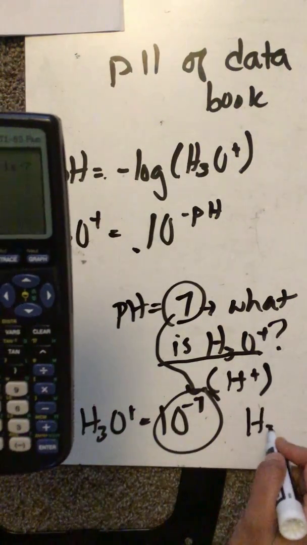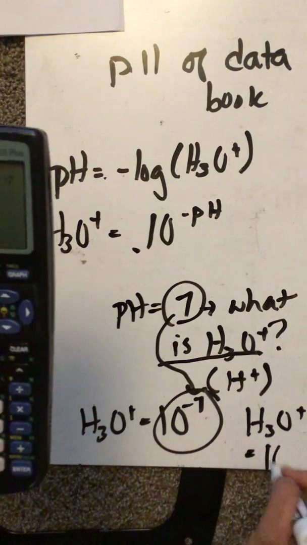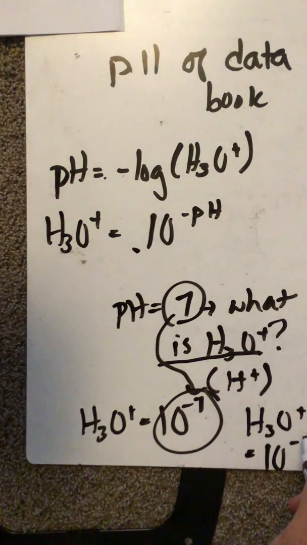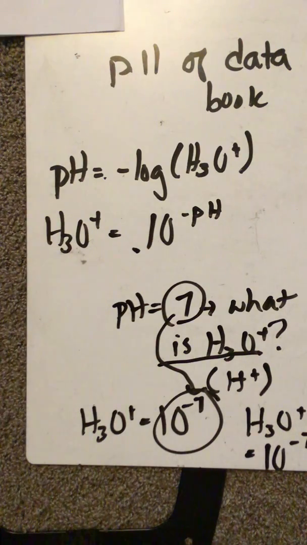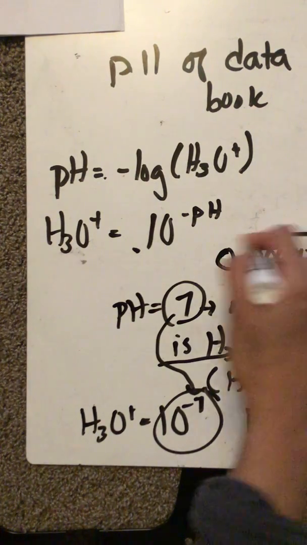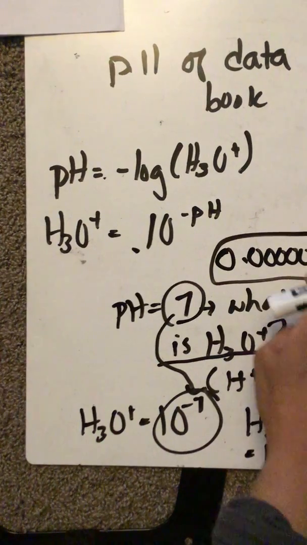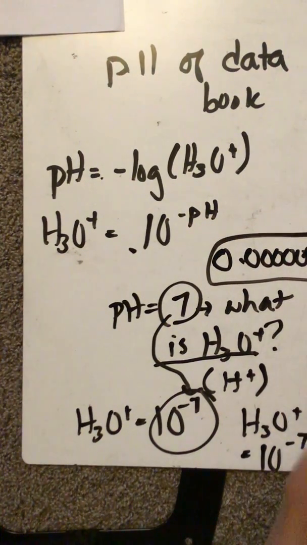The hydronium concentration is equal to 10 to the negative 7, which is 1 times 10 to the negative 7. You're going to see that show up on your calculator.